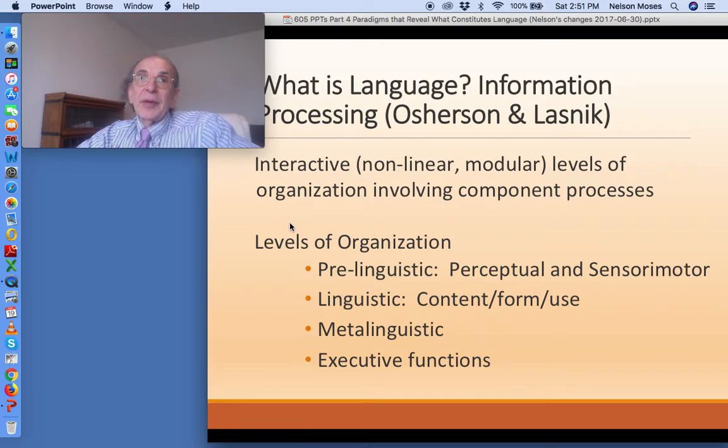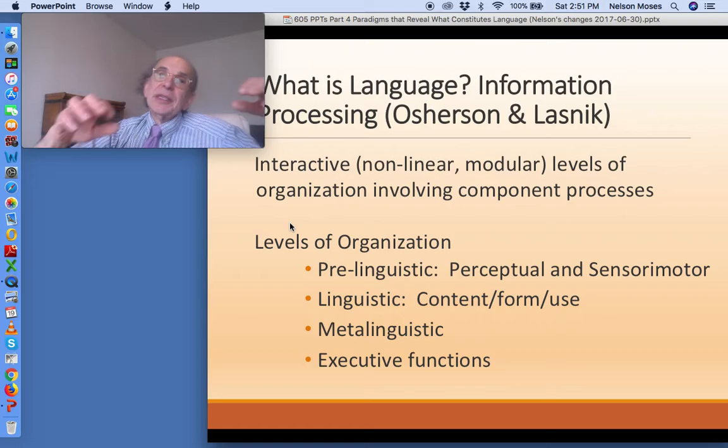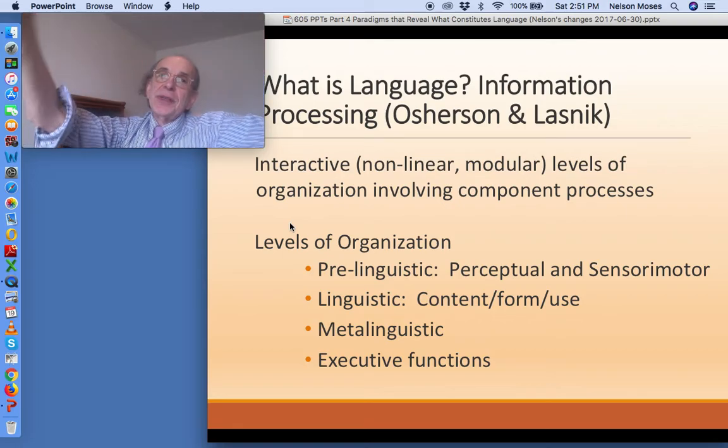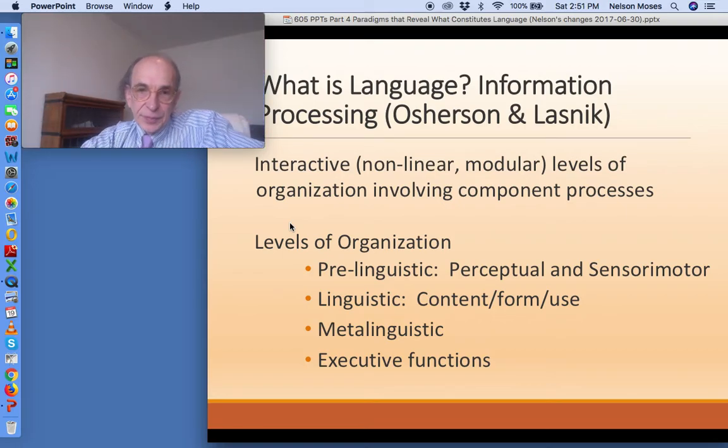You know, it's not language until one recognizes that language represents things out there in the world. Think about that. That's the metalinguistic level, when that's recognized and you're thinking about language as you are in this course.